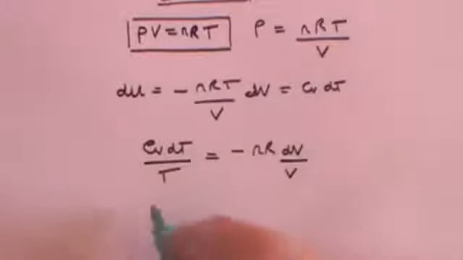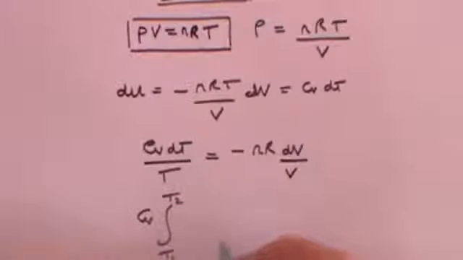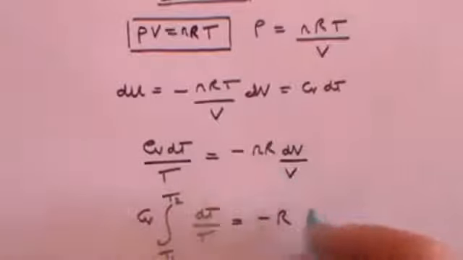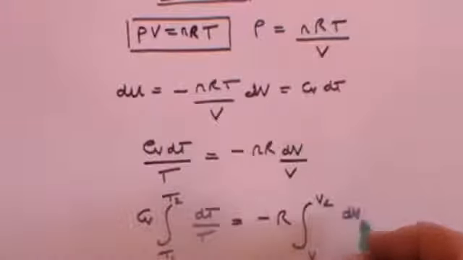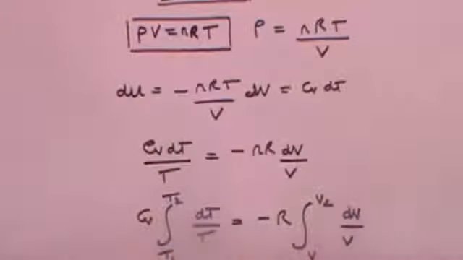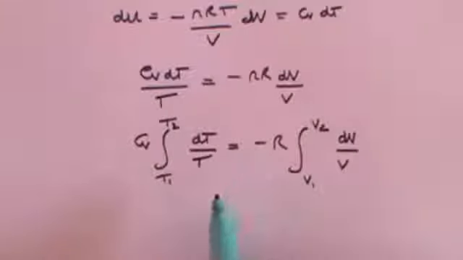And that means we will get that Cv times the integral from the starting temperature to the final temperature, T1 to T2, of dT over T, that's this term here, is equal to minus R, because we've set n equal to 1, times the integral from the starting volume V1 to the end volume V2, dV over V. And you should know that the integral of dx over x is the log of x.